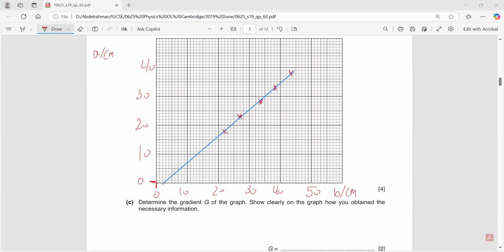So this is a good representation of the graph. You might have 1 or 2 points above, 1 or 2 points below, which is okay, and is a good drawing for this graph.